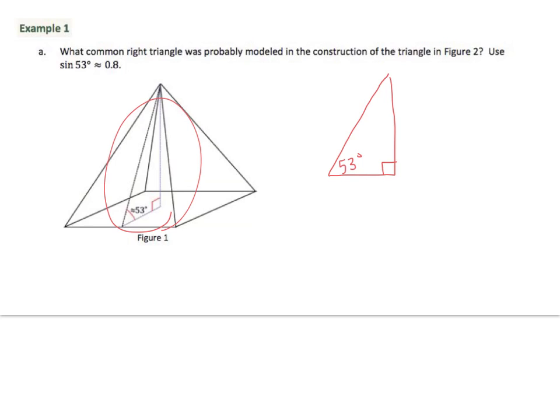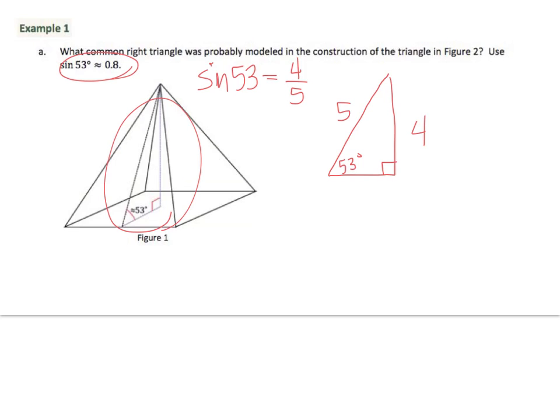So I pulled that out, and I have sine of 53 degrees equals 0.8. 0.8 doesn't help me very much, but I do know that 0.8 is the same as 4/5, because 4 divided by 5 is 0.8. So I can say sine is opposite over hypotenuse, 4 over 5.